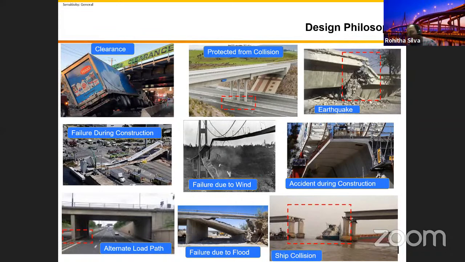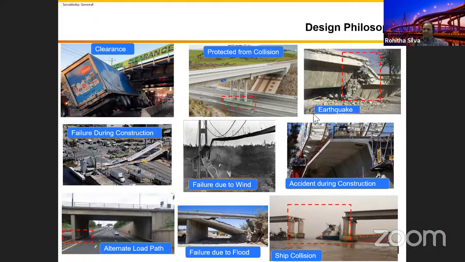So the design philosophy of bridge design is developed based on these incidents. So when you are designing a bridge, according to the location of the bridge, you can't have any of these incidents happening. There are so many other things I haven't put in this slide. We're going to look after that.